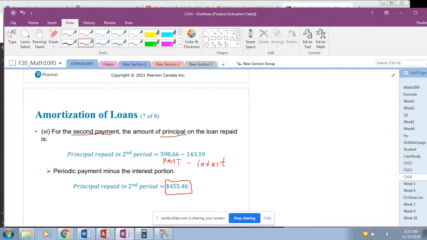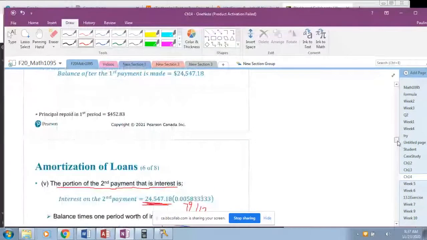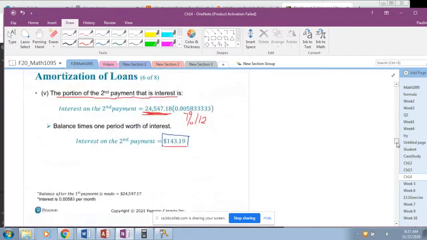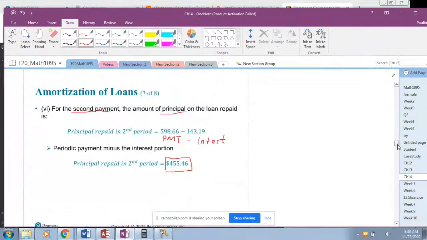Now, if you compare the principal paid for the second payment with the principal paid for the first payment, which is $452, you find the principal paid increased from $452 to $455.